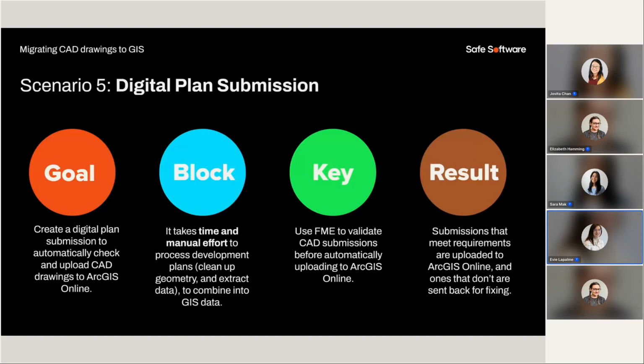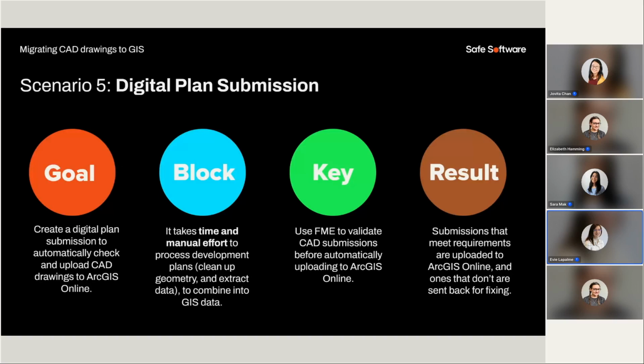The problem is that it takes time and manual effort to process these plans, and now we have automated this process with FME to validate CAD submissions before automatically uploading them to ArcGIS Online. The result is that the submissions that meet the requirements are uploaded to ArcGIS Online, and the ones that don't are sent back for fixing to the user themselves.